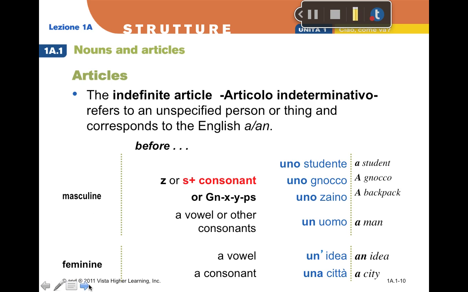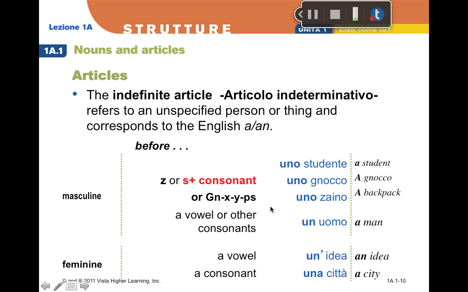L'articolo indeterminativo, the indefinite article, which refers to an unspecified person or a thing, something we haven't mentioned in the discourse yet. It corresponds in English to a or an: an apple, a boy, a girl. It's an indefinite article.